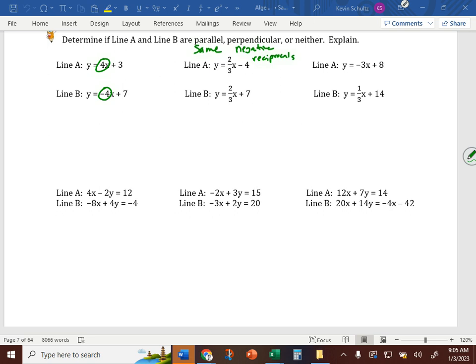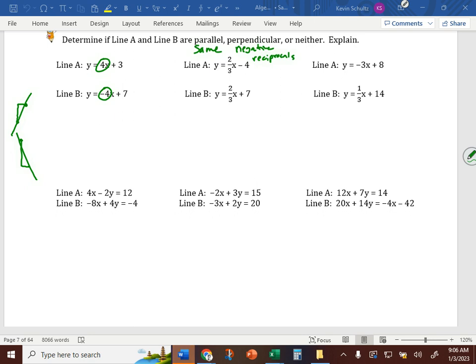Okay? They're not parallel because they're not the same. One's positive, one's negative. That's not the same slope. If you think about it on the coordinate plane, one of them you're going up 4/1. Your line will look like that. The other one you're going down 4/1. Your line's going to look like that. They're not parallel. Okay? They're also not perpendicular because they're not negative reciprocals.